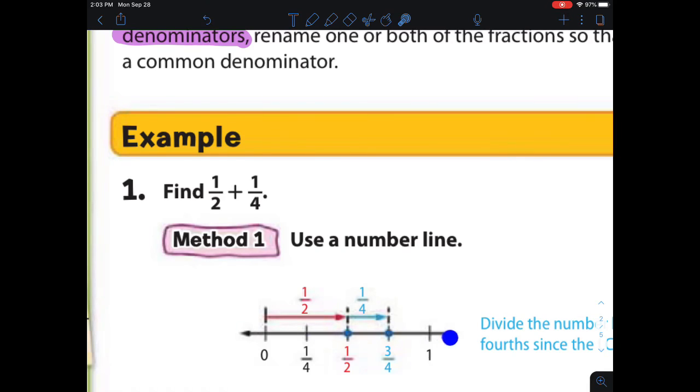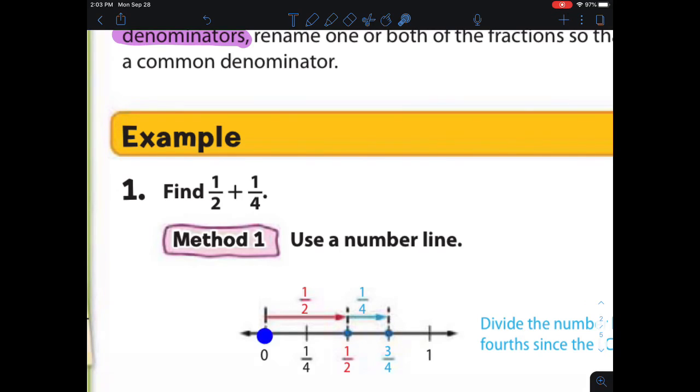And if you notice, the number line is divided into fourths: 1/4, 2/4, 3/4, and 1. So 1/2 is the distance between 0 and 2/4, or 1/2. And then after you add 1/4, you end up with 3/4. Okay?